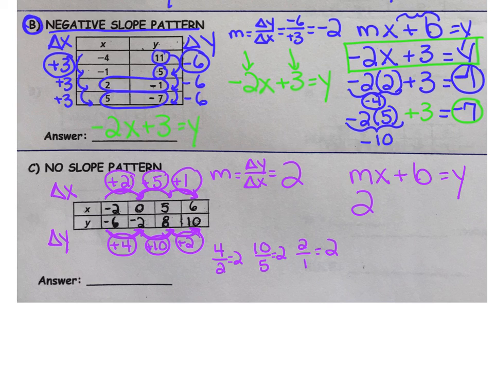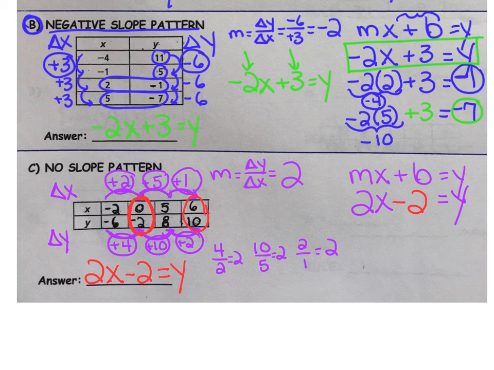So our slope is 2 times x blank blank equals y. And if you look closely, you can see the y-intercept was given in this table. We see that our intercept is a negative 2. So here's our equation. 2 times x, x is what we're inputting, take away 2 equals y.